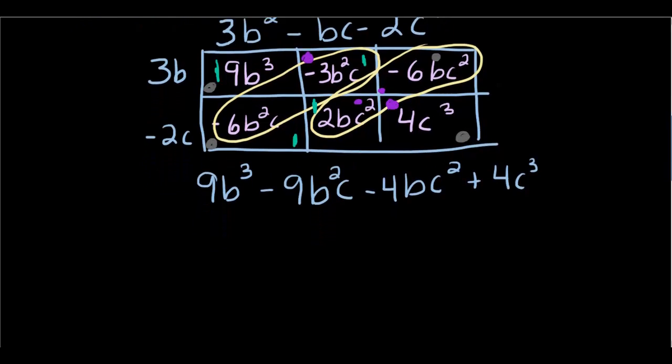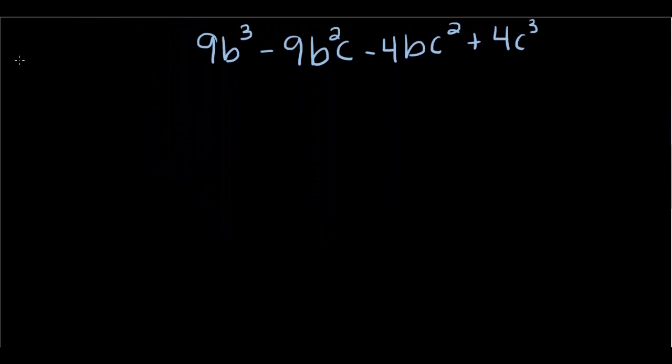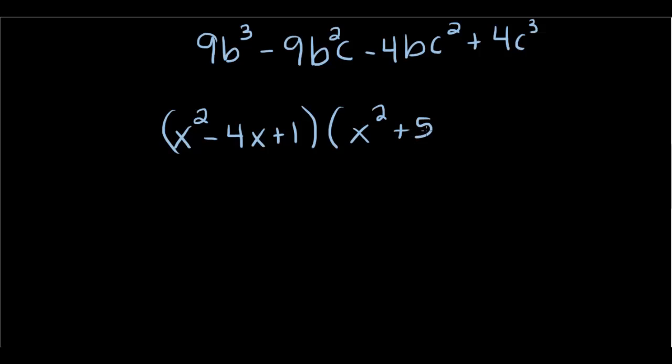Let's go ahead and work on another example. I'm going to try now x squared minus 4x plus 1, this times x squared plus 5x minus 2.